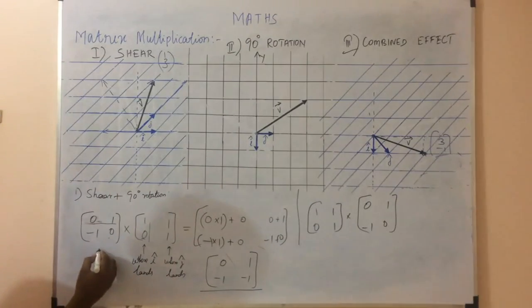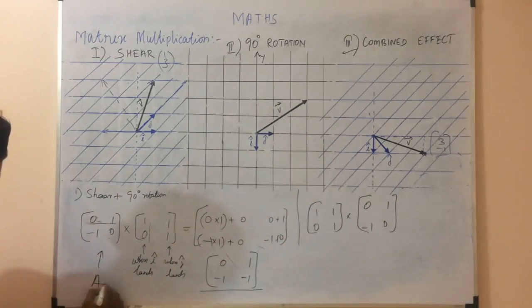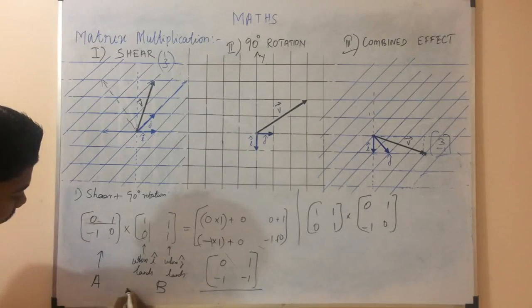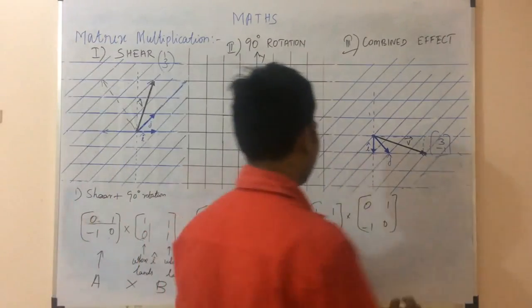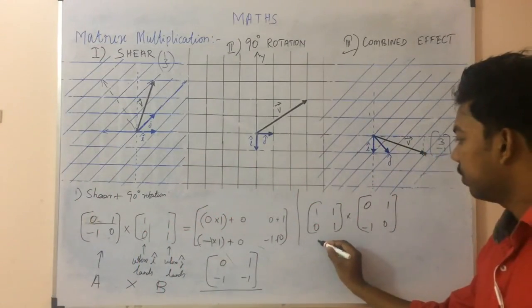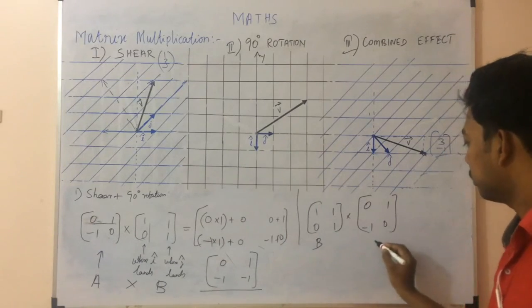Before that, I am taking this matrix as A and this matrix as B. So this is A into B, and in this case this is B and this is A.